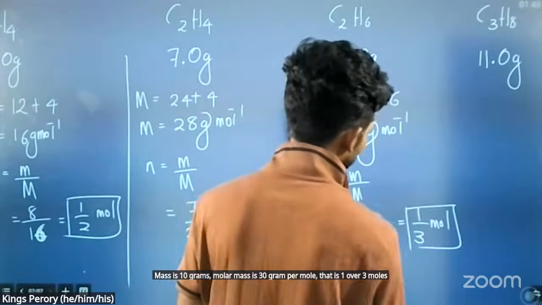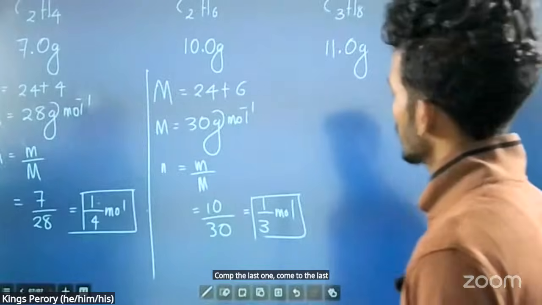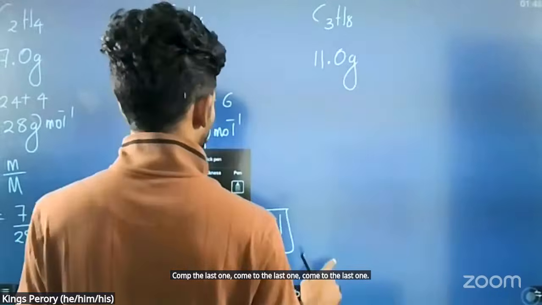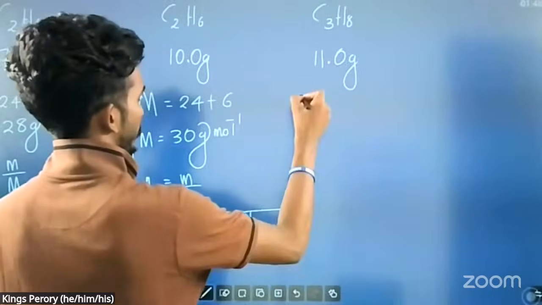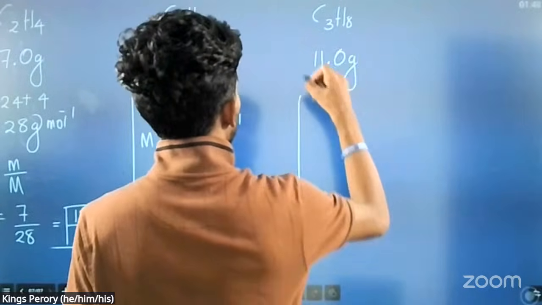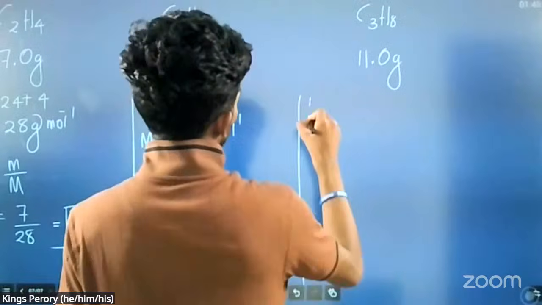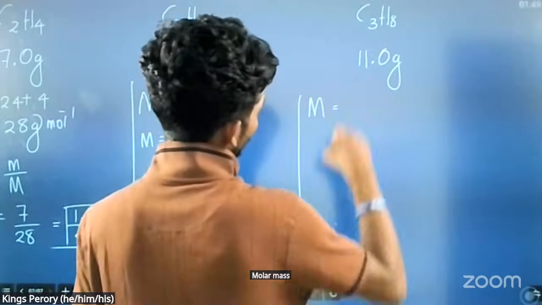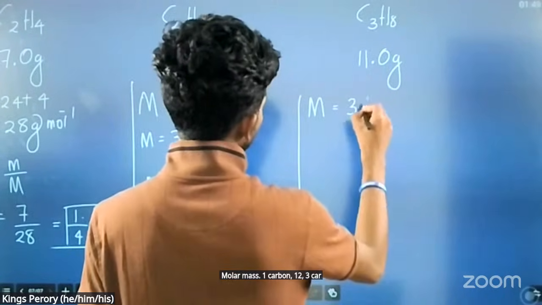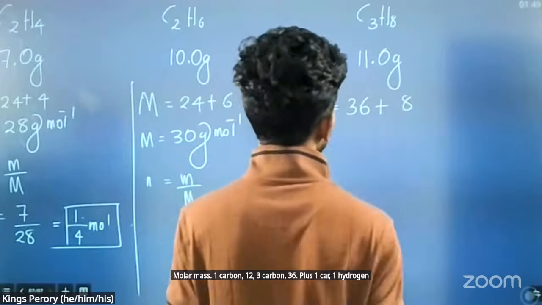Come to the last one. Molar mass: 1 carbon 12, 3 carbon 36, plus 1 hydrogen 1, 8 hydrogen 8.